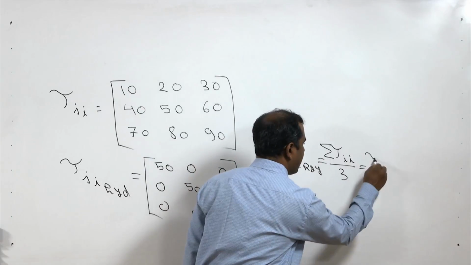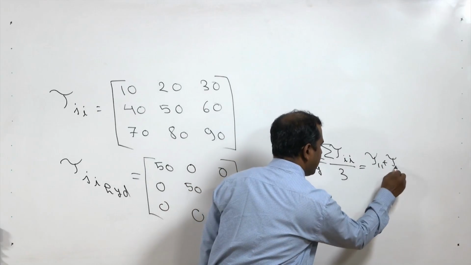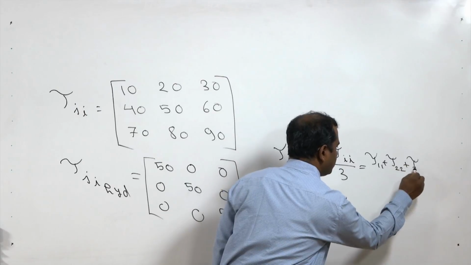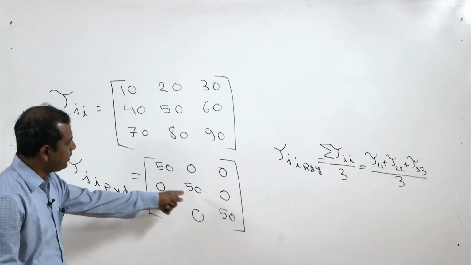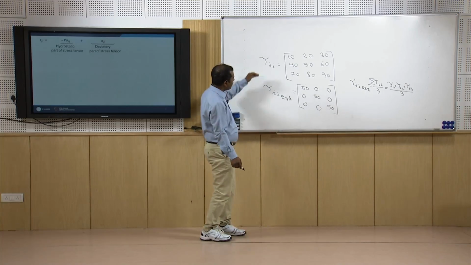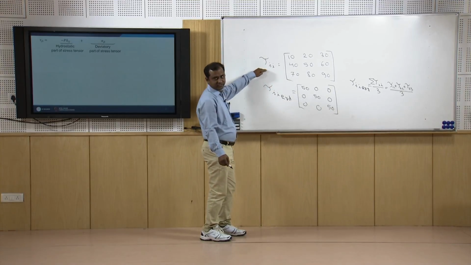That means tau 1 plus tau 2 plus tau 3 divided by 3. If you do so, here you will be getting 50, 50, 50. Now, to get the deviatoric part you have to subtract this hydrostatic part from your stress tensor.